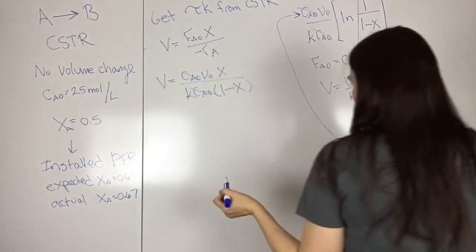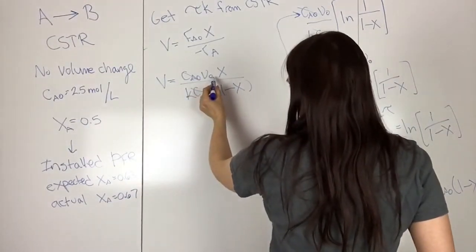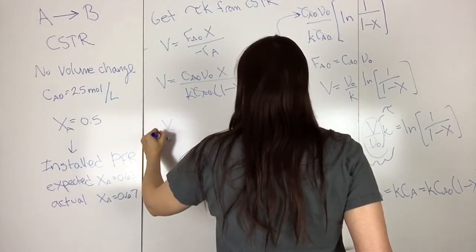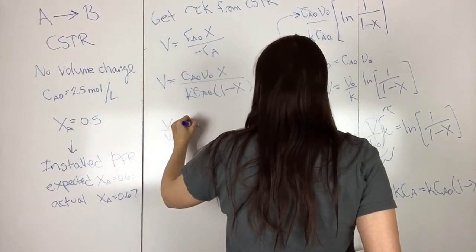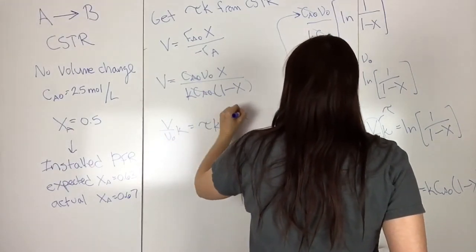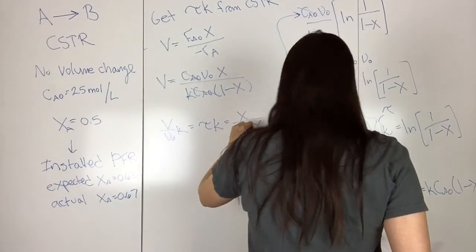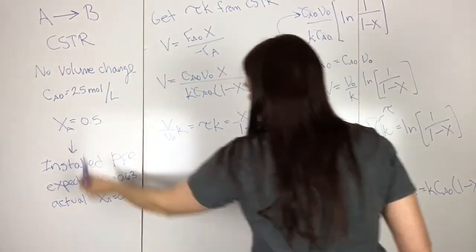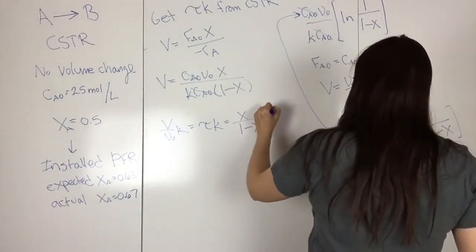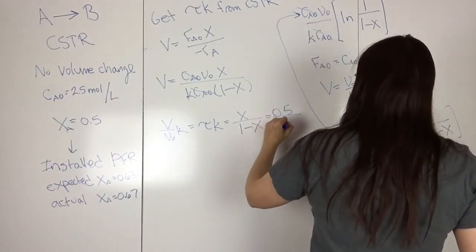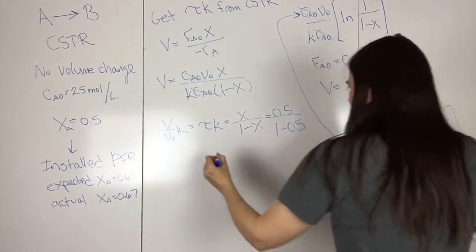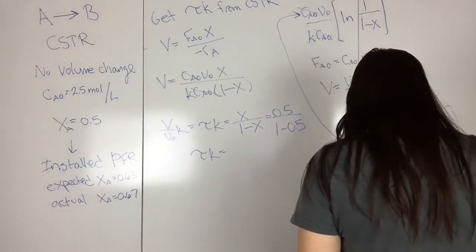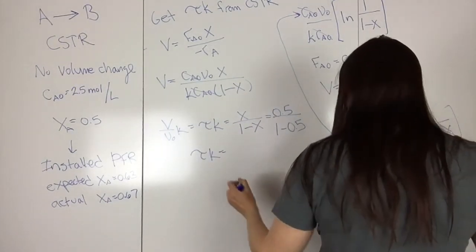C_A0 cancels out, so then we can divide over v_0, multiply over k, so we have V over v_0 k, which is equal to tau k, is equal to X over 1 minus X. And then we know what X is for the CSTR. It was 0.5, so we can plug that in: 0.5 over 1 minus 0.5. Solving that, we get that tau k is equal to 1.